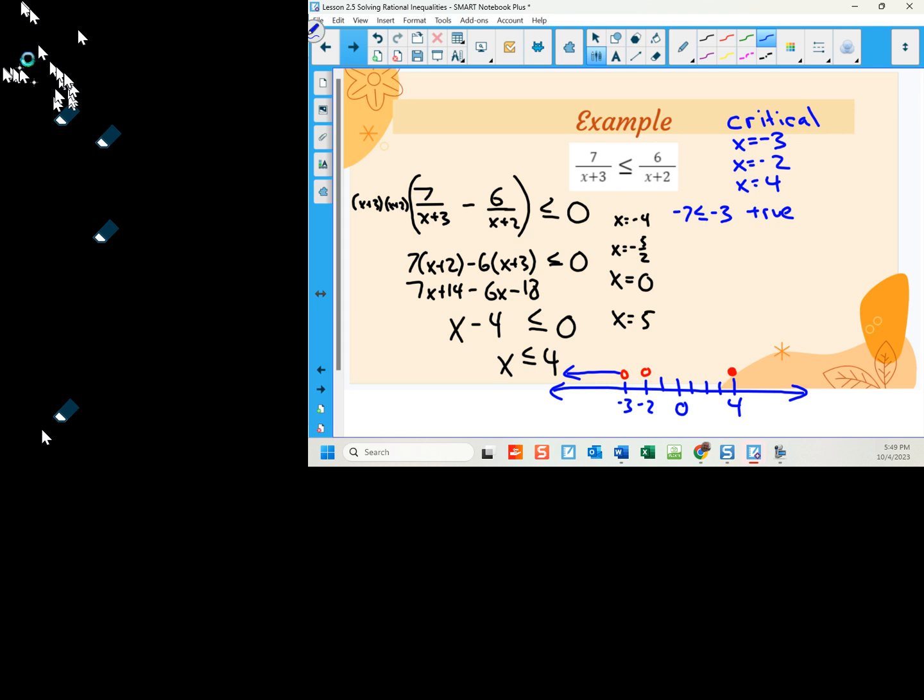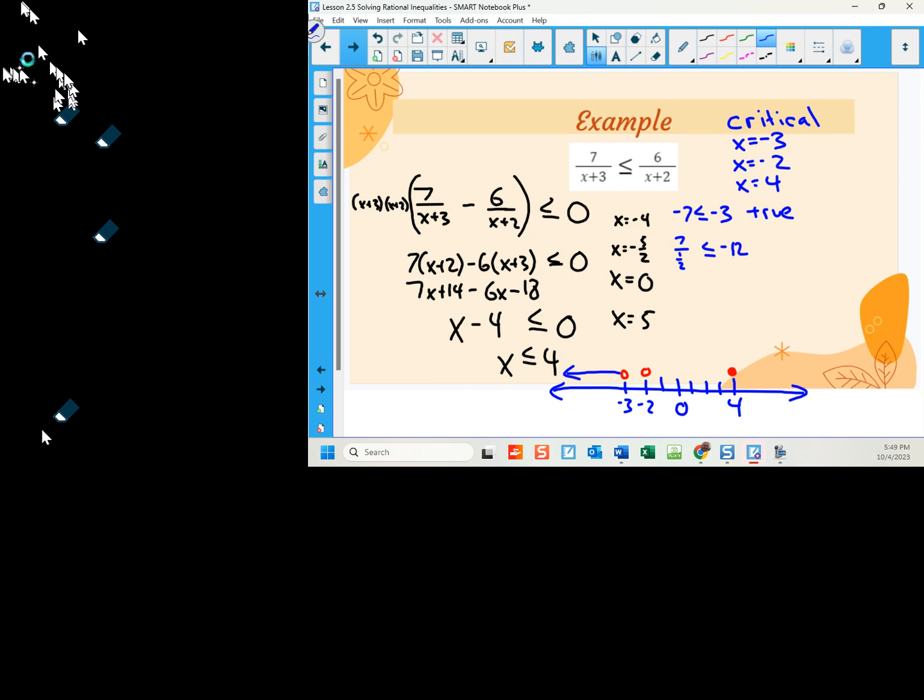Now, when I plug in that value between negative 3 and negative 2, that negative 5 halves, that's negative 2.5. That makes my value there 7 over negative 2.5, which is 14 over negative 1/2. 14 is less than or equal to 6 divided by negative 1/2, which would be negative 12.